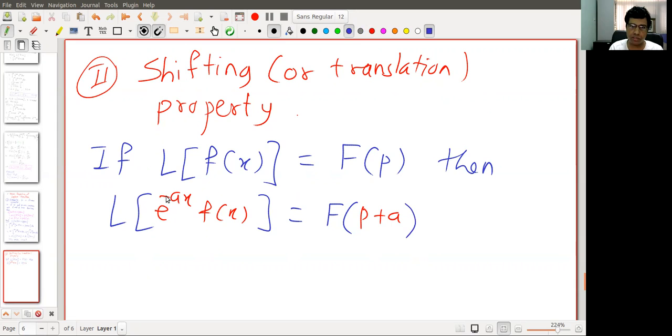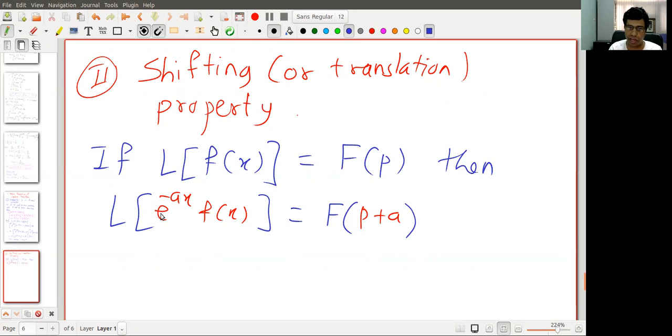Note that here it is minus a, e raised to minus ax. If we multiply given function f by e raised to minus ax, then on right hand side we have to add a to p.